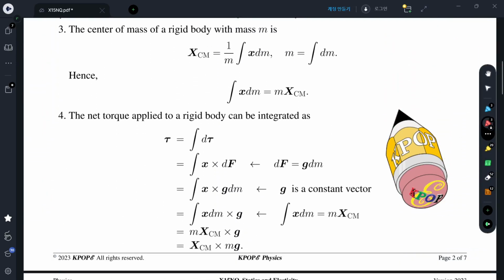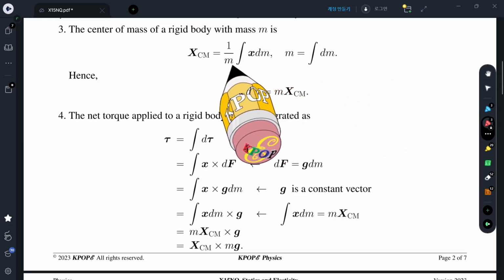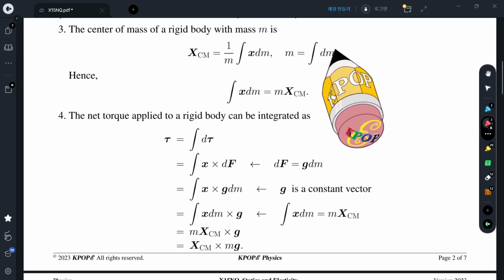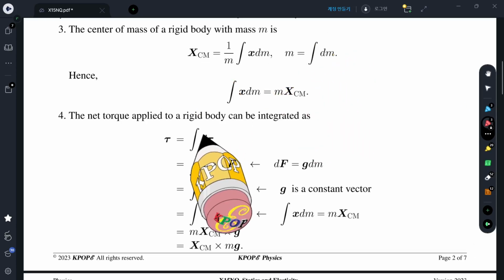The center of mass of a rigid body with mass m is defined by this, a weighted average of the position. Here, m is the integral of the differential mass, so the total mass of the rigid body.